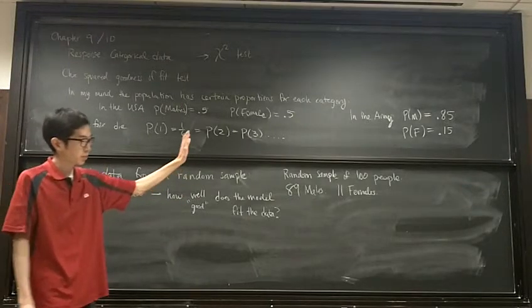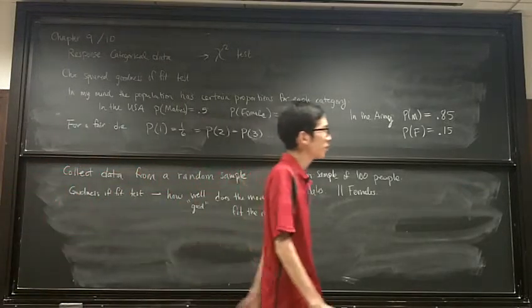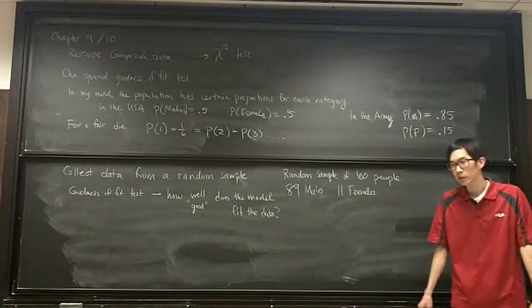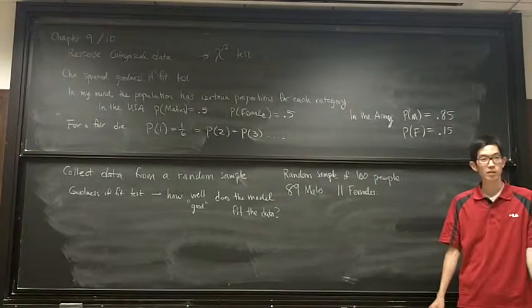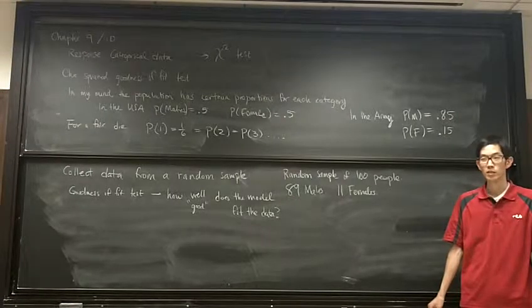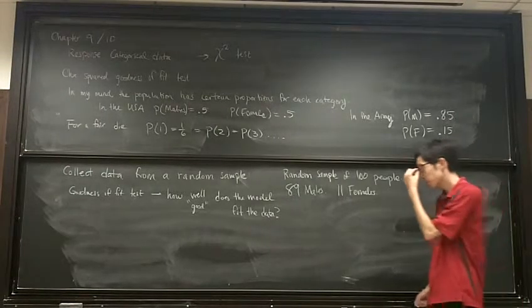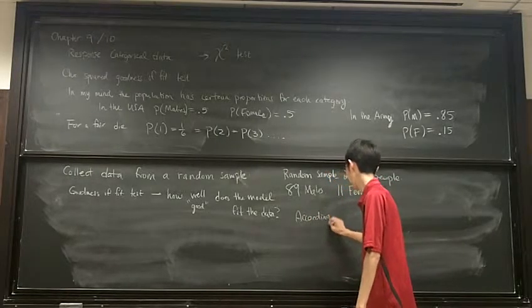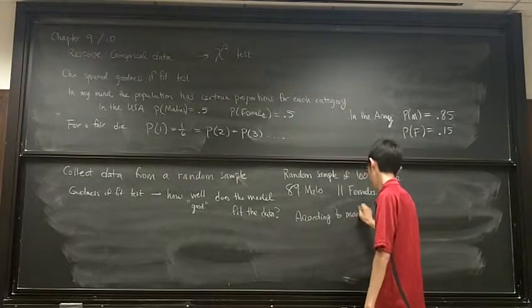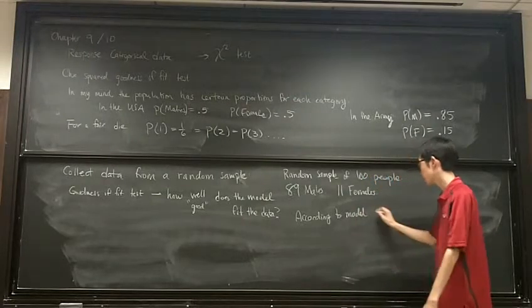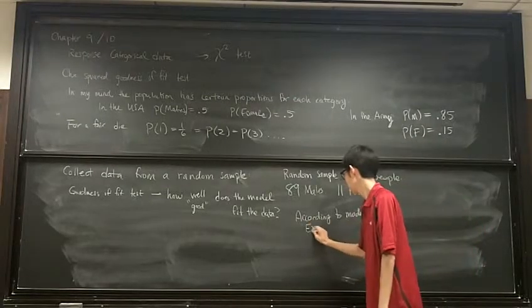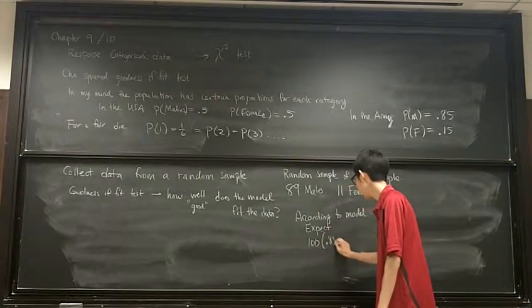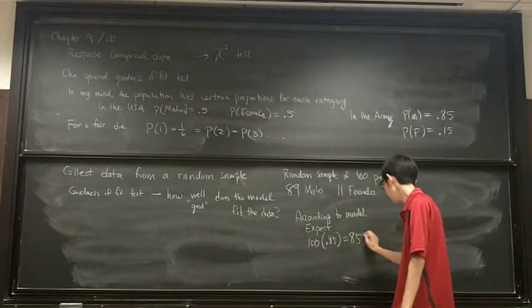Alright, so according to our model, if I sampled 100 people, how many males would I expect to get? 85. So, according to the model, we have expected numbers. We expect 100 times 0.85, 85 males.